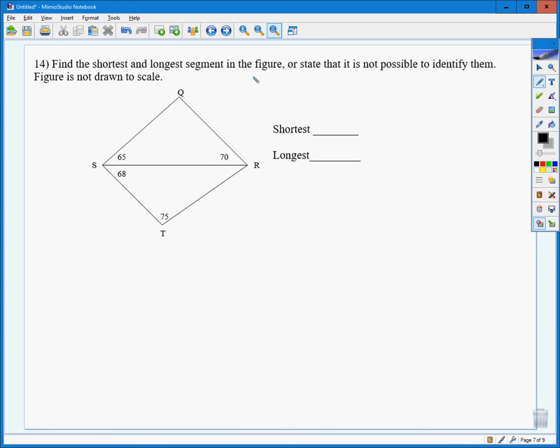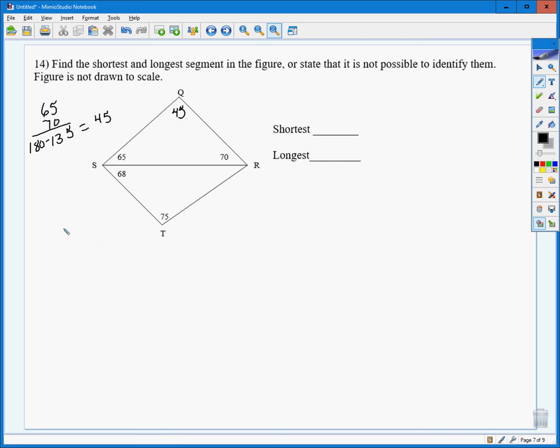Find the shortest and longest segments in the figure, but in order for me to do that, I do have to fill in these missing pieces first. So in the triangle that's on the top, SQR, I have 65 and 70. I've used up 135 degrees out of 180. The remaining angle on the top then had to be 45.